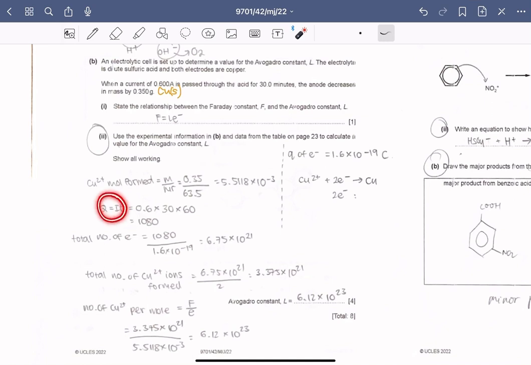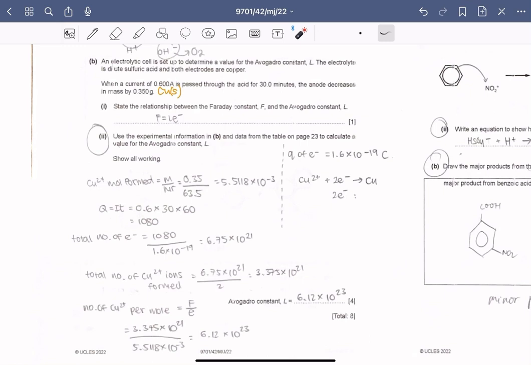So next we use the known data, I and t. From that, we can use the equation Q equals It. So charge equals current times time, 0.6 A multiplied by 30 minutes. 30 times, 1 minute has 60 seconds. So the t is always in terms of seconds. So we get a charge of 1080 C. In a total charge of 1080 C, each electron has a charge of 1.6 times 10 power negative 19.